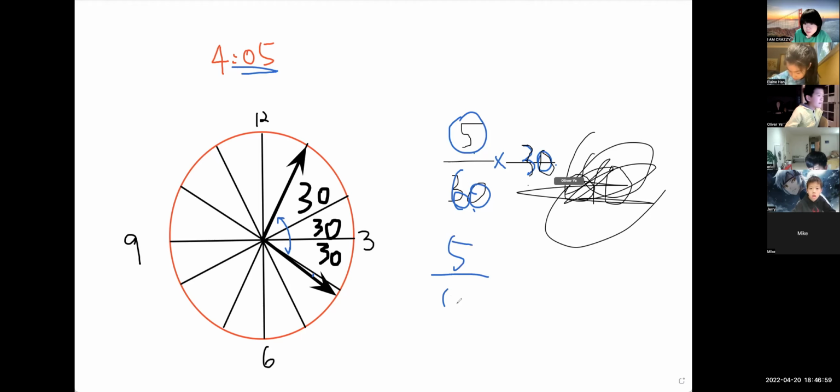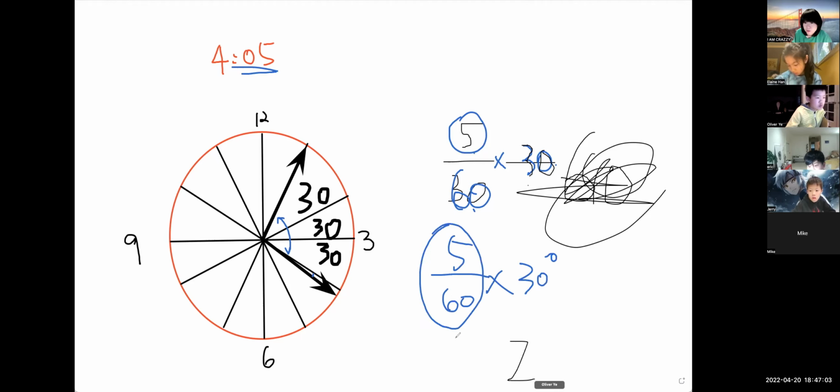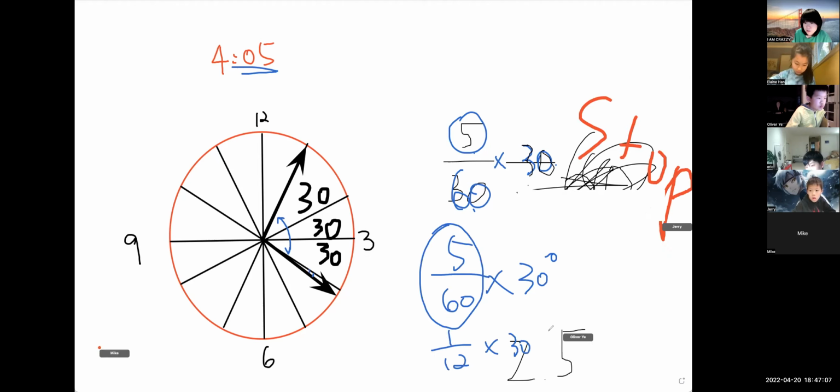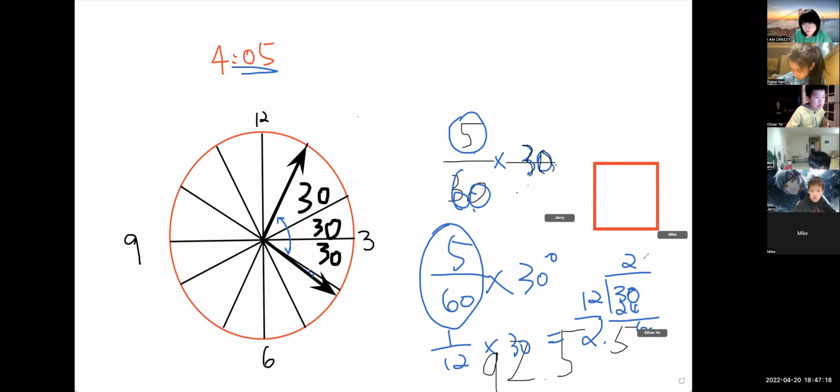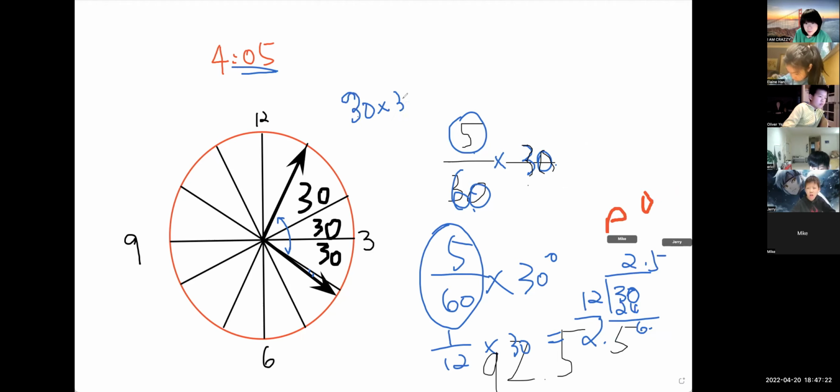So it's 5/60, and this is 30 degrees. So that is a ratio, 1/12 of the 30 degrees. So 30 divided by 12 equals 2.5. So that's why it's 90 times 3 plus 2.5 equals 92.5.